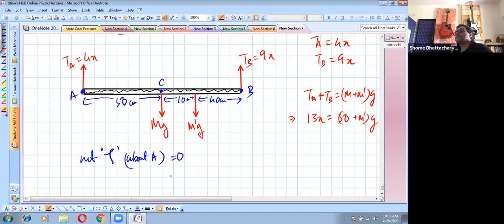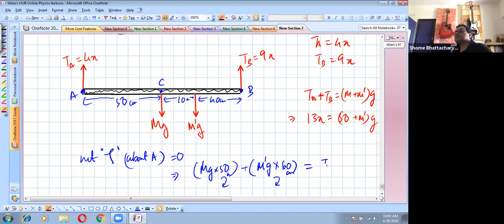Okay, so you can see that mg into 50 clockwise plus m prime g into 60 centimeters. We don't have to convert to SI units as long as we are consistent on both sides.